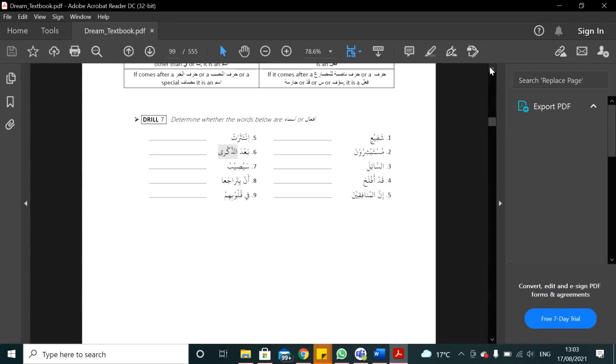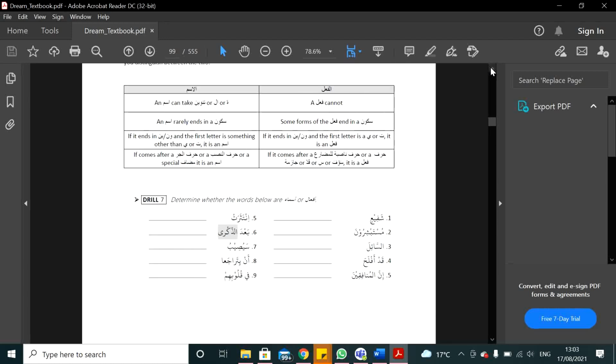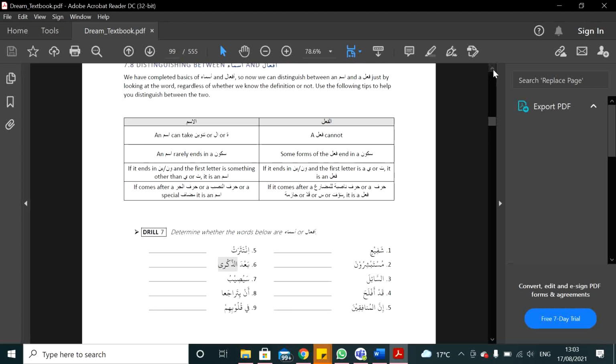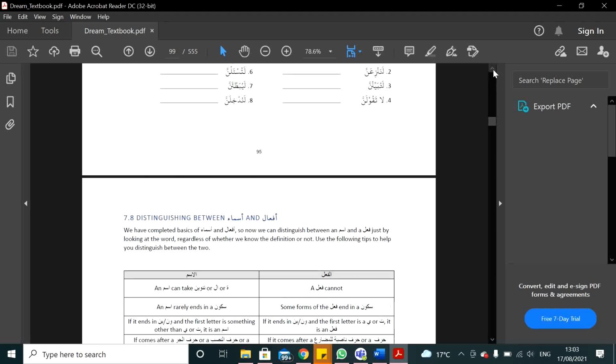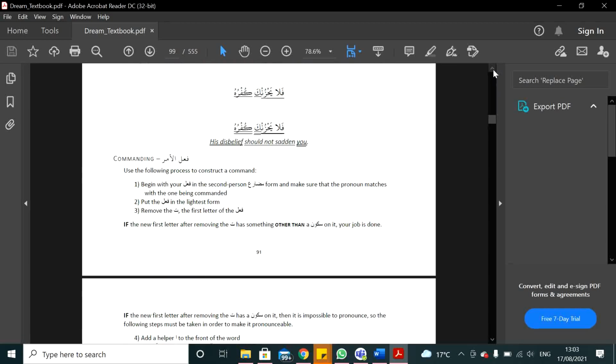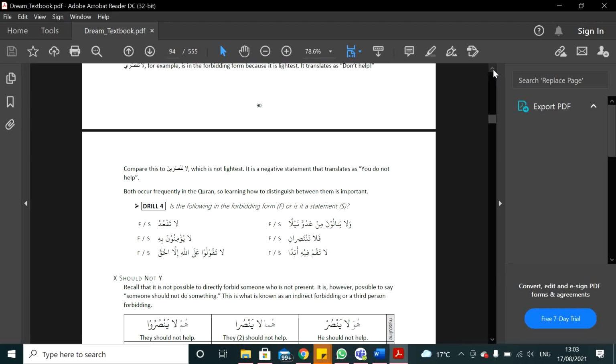In English, "he entered" uses two words, a pronoun he and a verb entered. But in Arabic, I would say dakhala, and it means he entered. So in Arabic grammar, a verb means a whole sentence on its own.